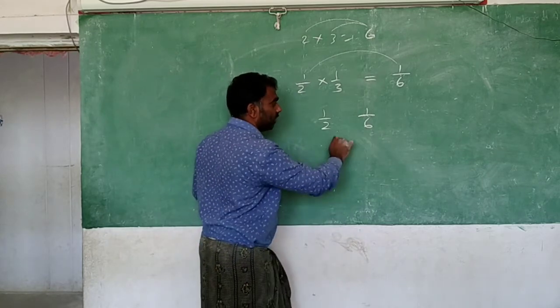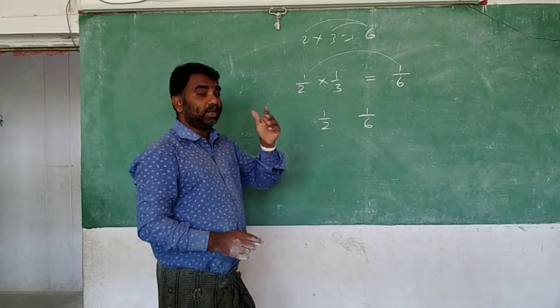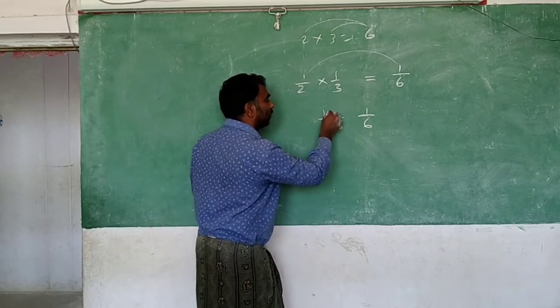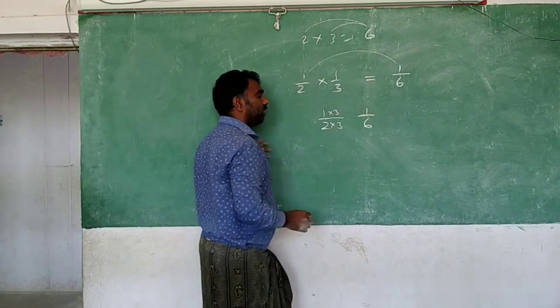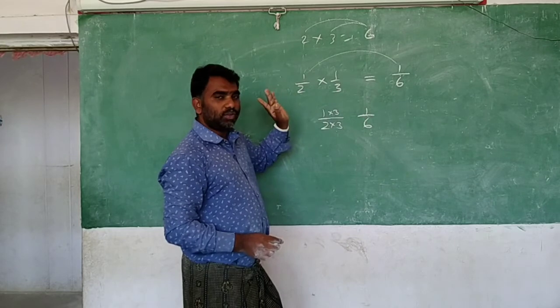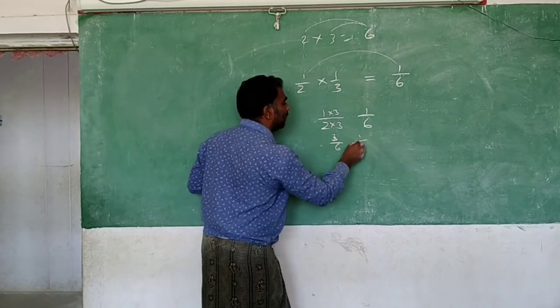Here denominators are not equal. So you will take the LCM, I said to you. So here 2 and 6, if you take like this, they will be same. Is it or not? 2 can become 6 easily. 2 3s are 6. So up also you will multiply. Now you see it is 3 by 6 and it is 1 by 6.